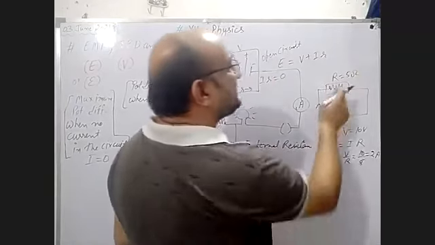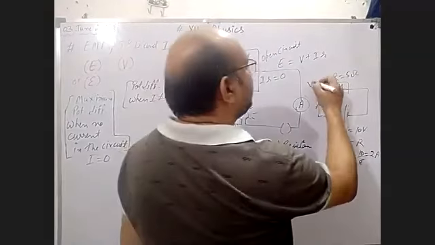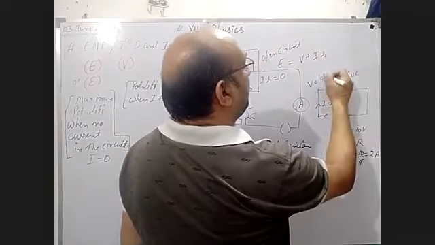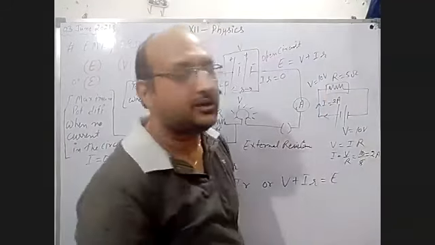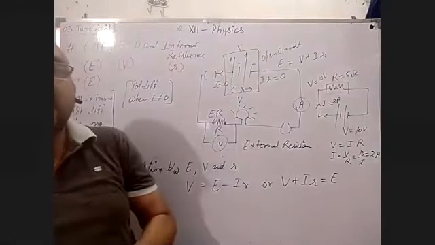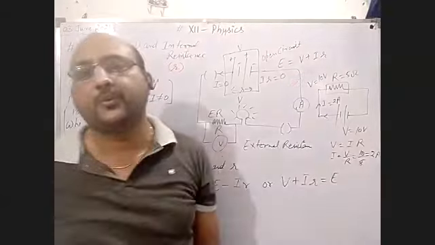Can you tell me the value of the voltage across the external resistance? V is equal to I into R, 10 volt. This voltage you can calculate on the external resistance. But this is not true.